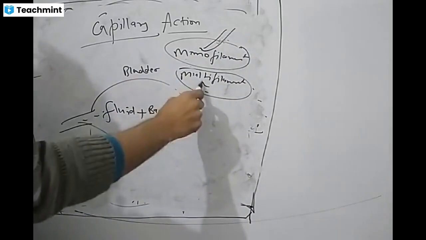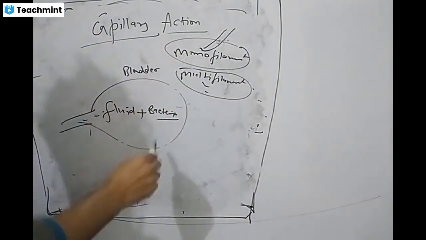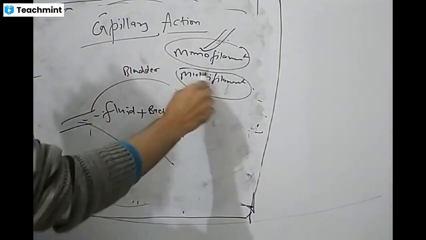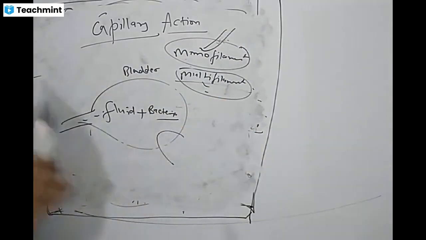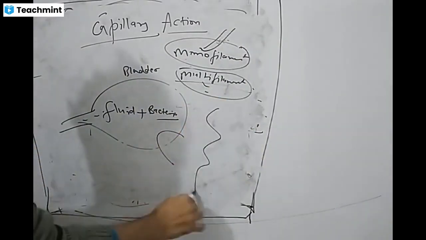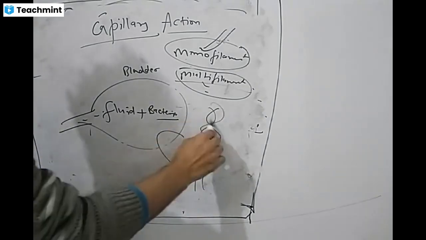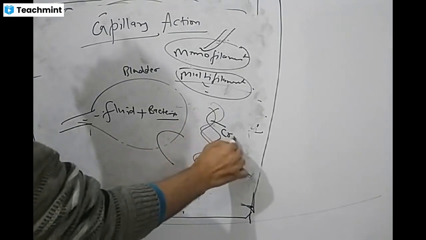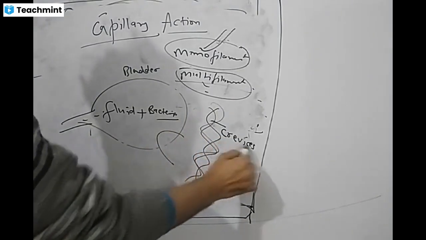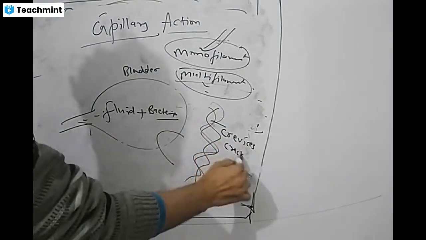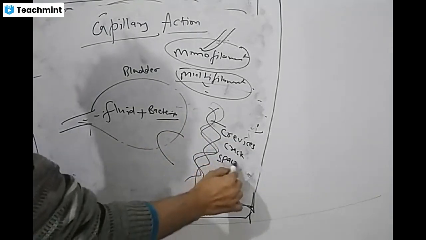If you look at the structure, suppose you have applied multifilament here. See, the structure of multifilament is like this. In case of multifilament, these spaces are called crevices. These are cracks, these are micro spaces.